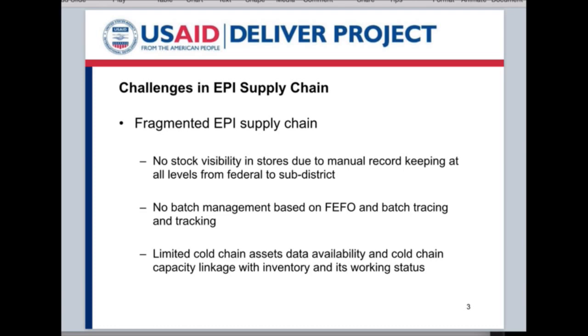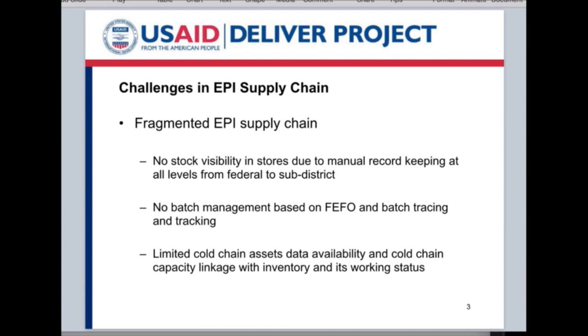There was an automated system at the national level, but there was no system at the provincial, district and sub-district level. And FIFO was one of the main challenges in inventory management. There was also limited cold chain asset data availability at that time, when UNICEF had just started collecting the data of the cold chain in the CCEM. And there was no linkage of capacity with the current inventory.